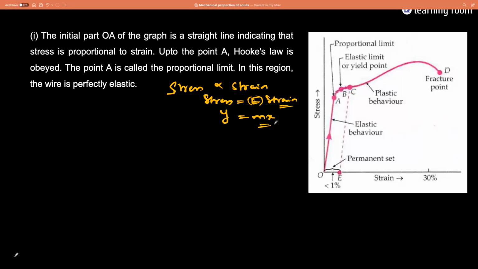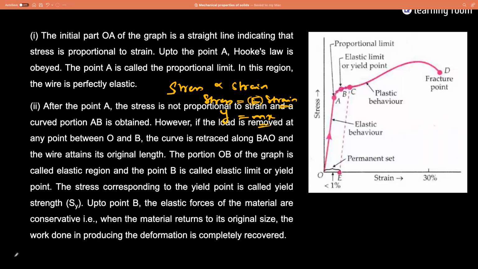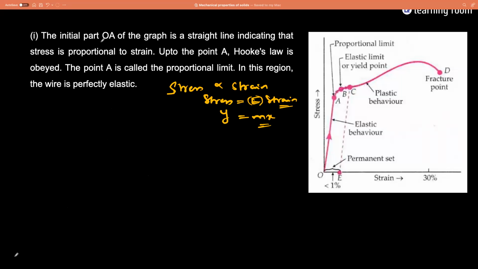Now the question is, after the point A, so before that, let me tell you, the initial part OA of the graph is a straight line indicating that the stress is directly proportional to the strain. Up to point A, Hooke's law is obeyed. So the point A is called the proportional point or proportional limit, right?